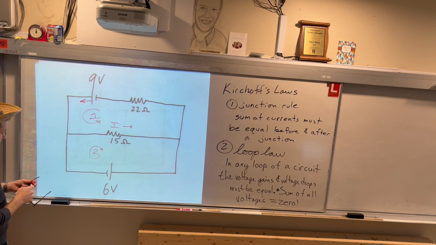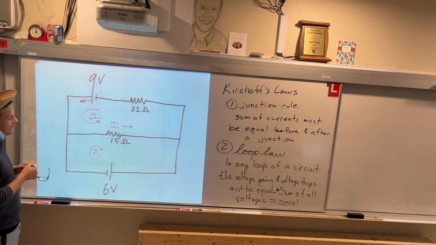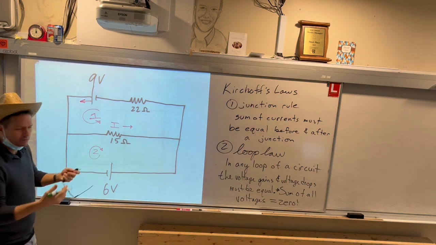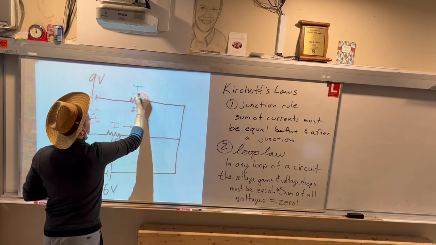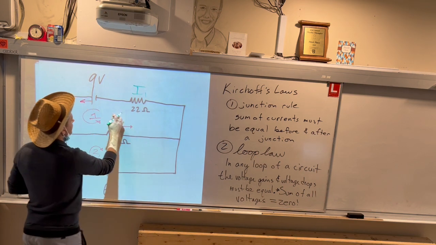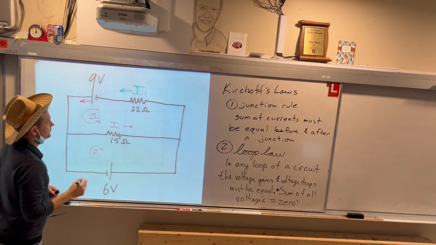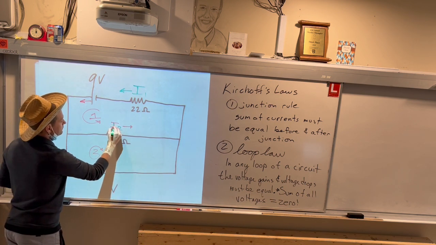Let's use this junction here. Let's label our currents so that we can be a little bit organized. Let's say that this is I1, and based on our loop, it's going to the left. And let's say this is I2, and it's going to the right.